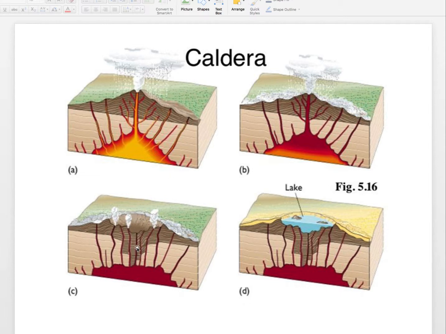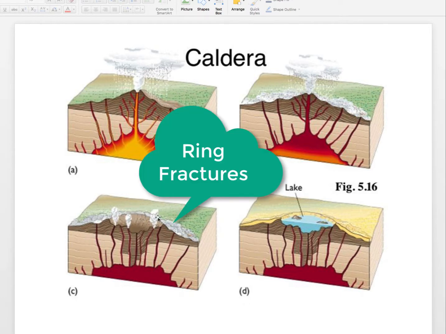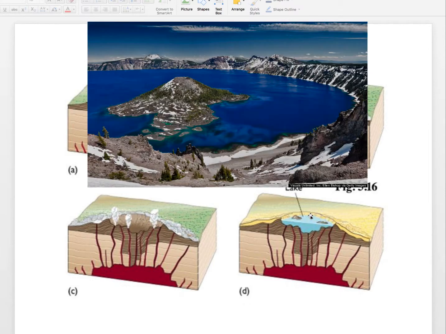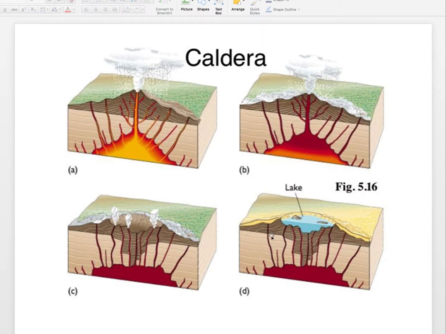And as that collapse occurs, it's going to force all that magma out, mostly in terms of pyroclastic ash. And it's almost like a piston in an engine that goes down, forcing all that ash through these ring fractures. And we end up getting a circular depression. Sometimes it's filled with lakes. In fact, this is the model for Crater Lake, Oregon, which is really a caldera type eruption. But again, emitting huge amounts of volcanic material.